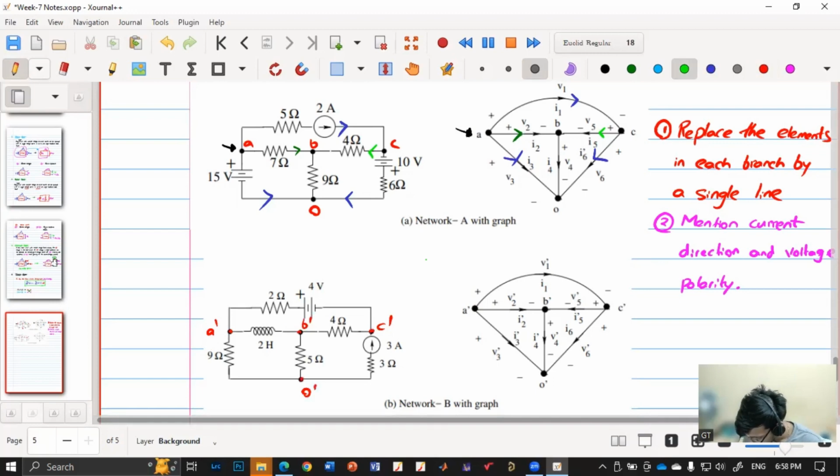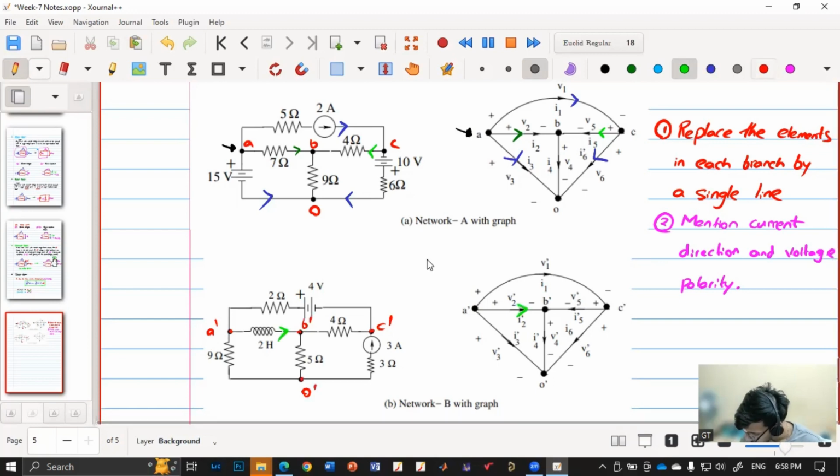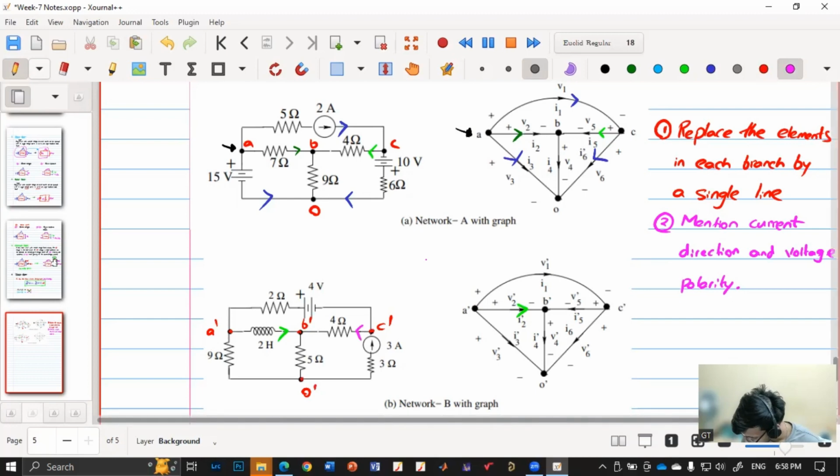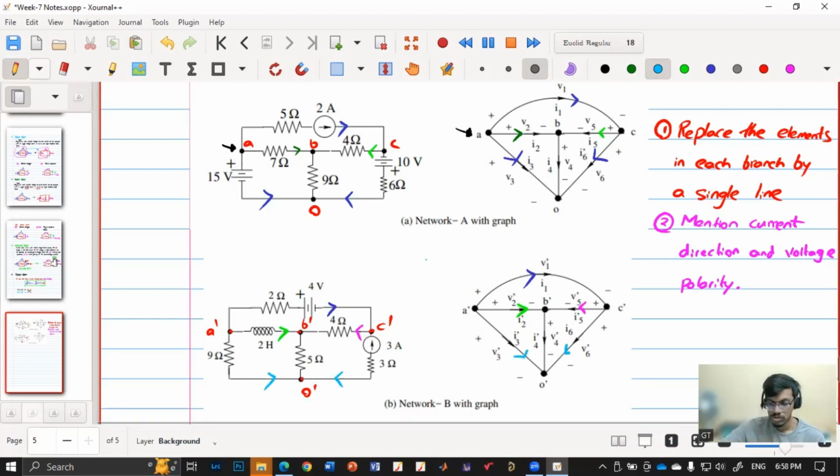This current is this current, and here these two currents are these two currents. So there are two different networks, completely different, with nothing in common.